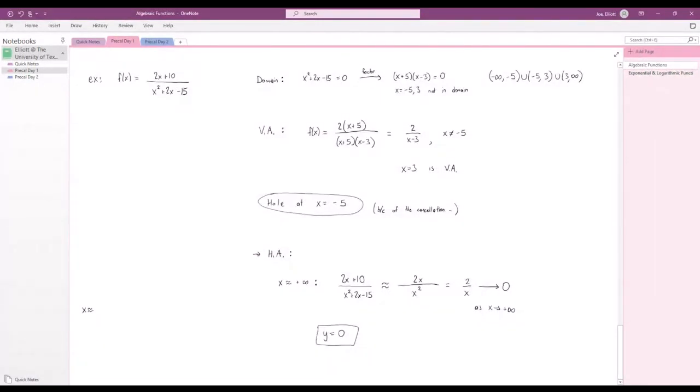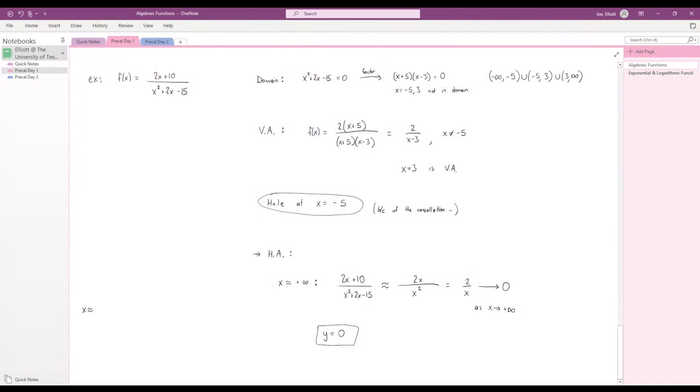Not a problem. This type of thinking is not something that you usually do in your pre-cal classes, but it's something that you'll be doing more of in your calculus courses. So I want to sort of warm you guys up to it.